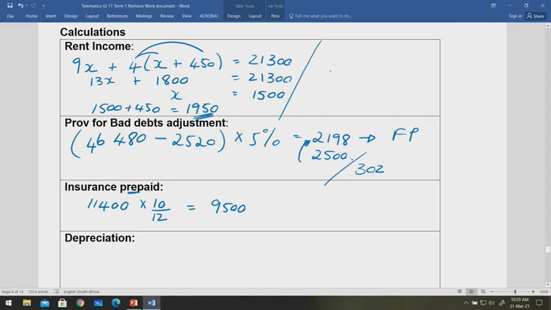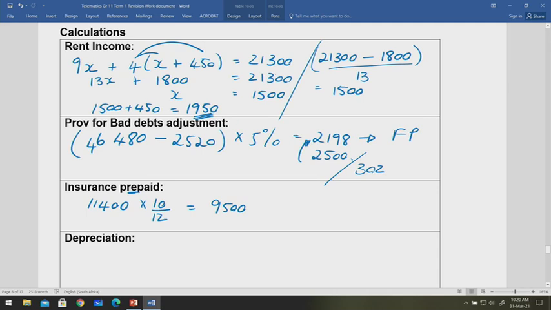Another method that you can use, you can take the 21,300 that we did receive and say that of that amount, 1,800 was the increased amount, the 450 for 4 months that we received. So we subtract that one, and then we divide that by the 13 months, and then we also get 1,500. Before the increase, so after the increase, 1,950.